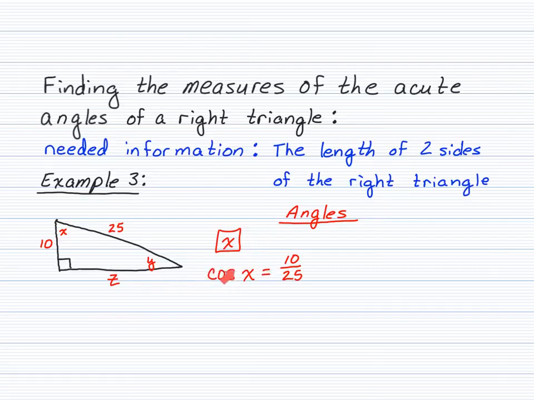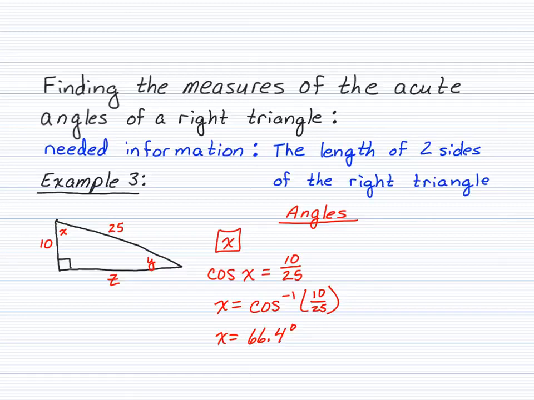In order to move your trig function and separate it from the variable, you're going to be using your inverse functions. So what that means is that x will equal the cosine inverse of 10 over 25. And in this situation, x is equal to 66.4 degrees.